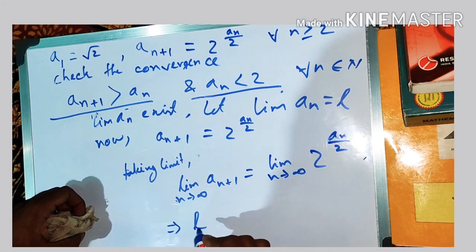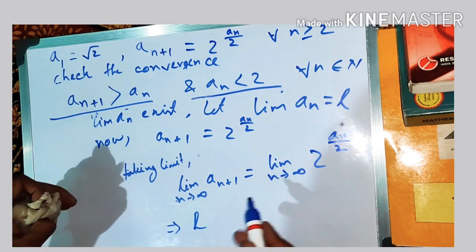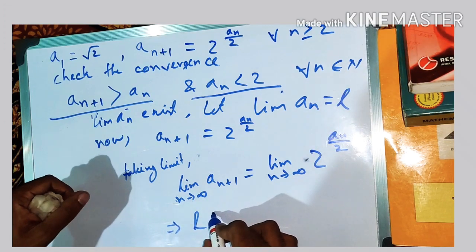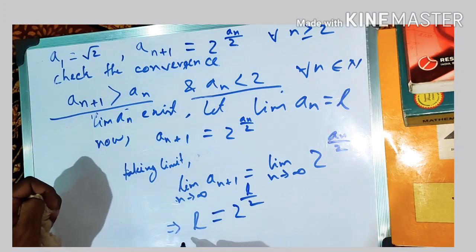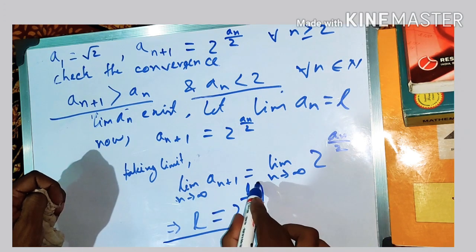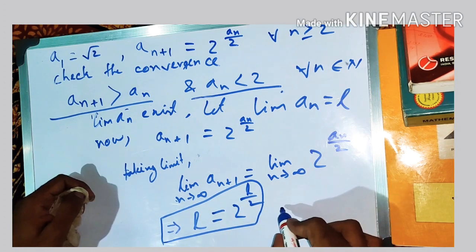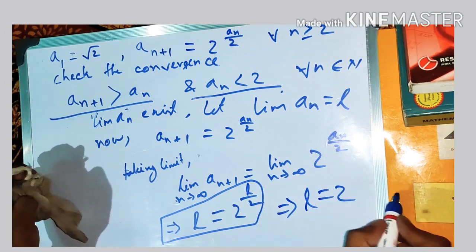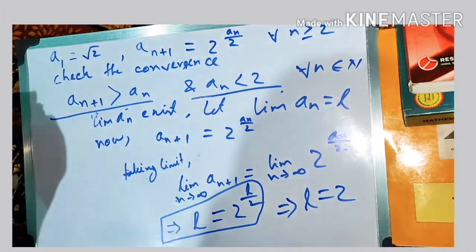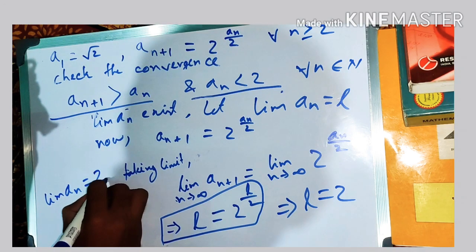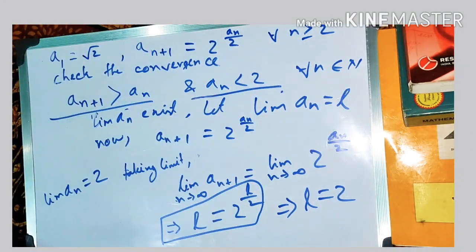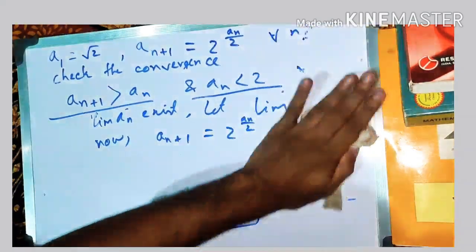If an goes to L, then an plus 1 also goes to L, so L equals 2 to the power L by 2. This equation is valid only for L equals 2. Then we can say the limit of an equals 2. An is a convergent sequence and the limit of an equals 2.